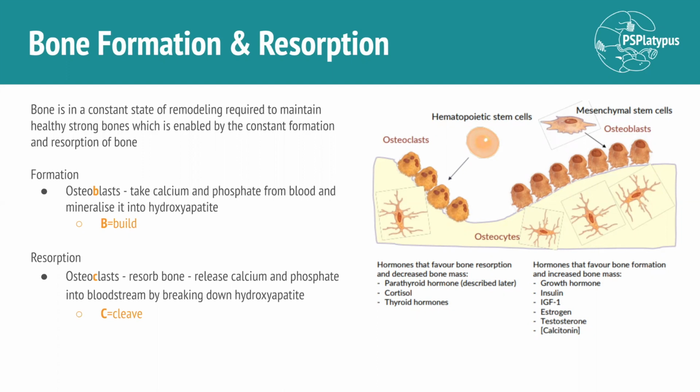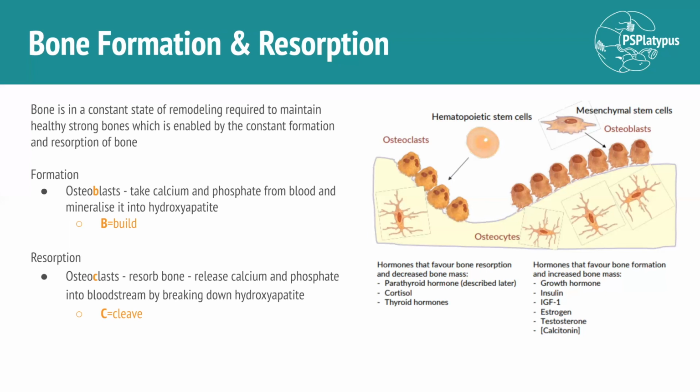So, our bones are in a constant state of remodeling, required to maintain healthy, strong bones, which is enabled by the constant formation and resorption of bone. This is because the matrix is constantly being broken down and replaced with new bone to create a more stable matrix to counteract the forces and stresses placed on it from the external as well as the internal world of the body.